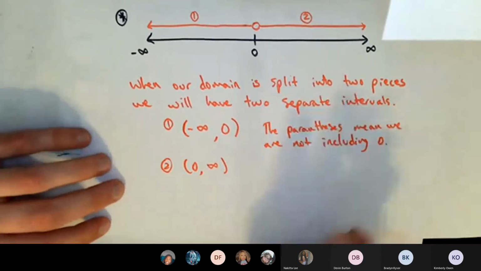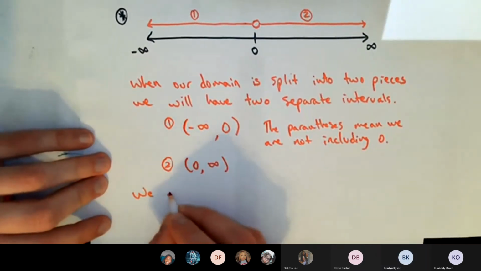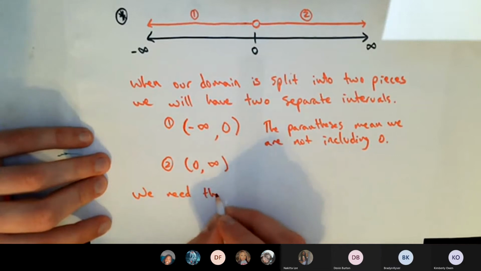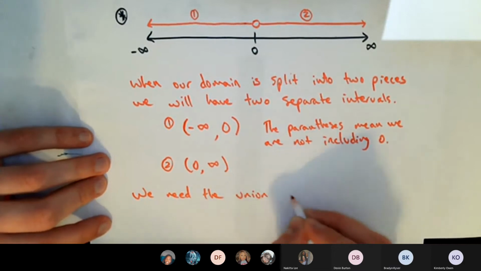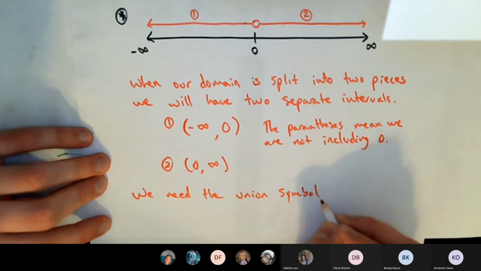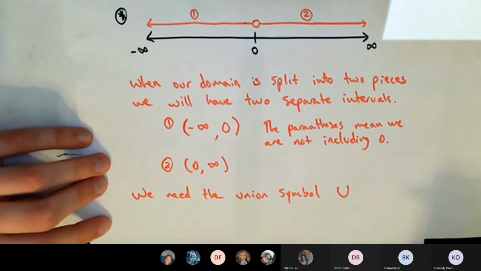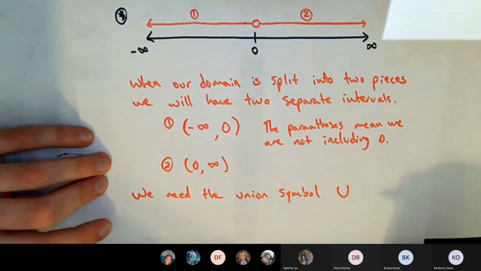Now we need the union symbol, a capital U looking thing. It's not a capital U, it just kind of looks like it.